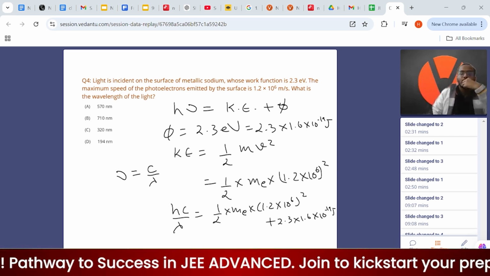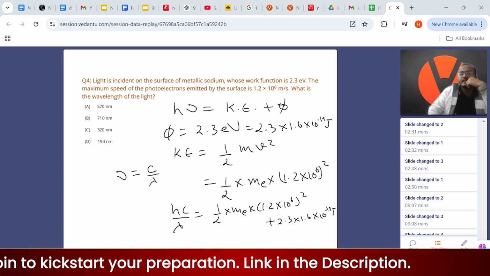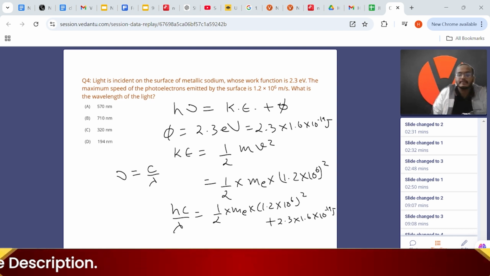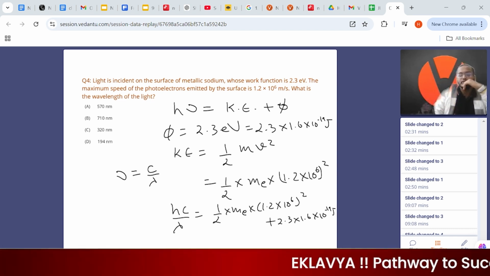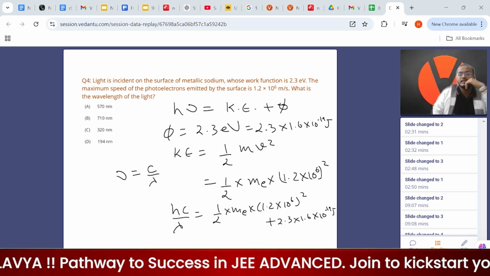Or a different approach is to convert everything into electron volt. Now, hc by lambda can be written in the form of electron volt also. When you convert all these values into electron volt, it is just the energy.